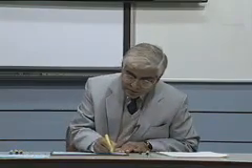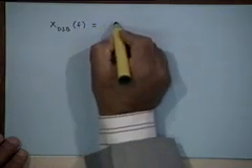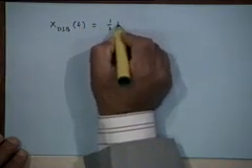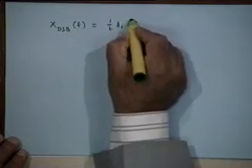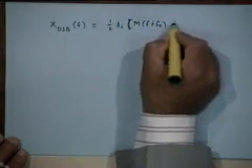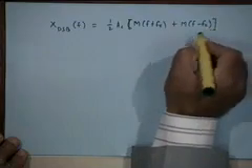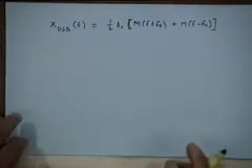And what is the expression for the DSB spectrum? That is half Ac, M(f + fc) plus M(f - fc), right? So what are you doing?